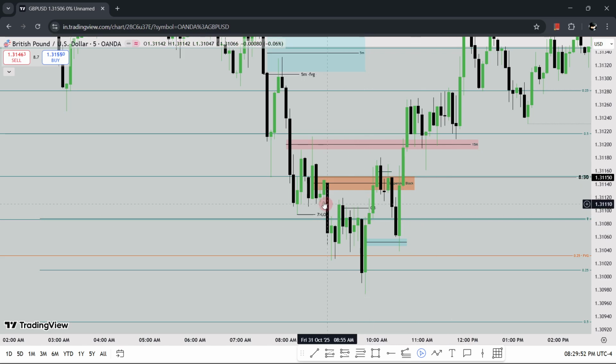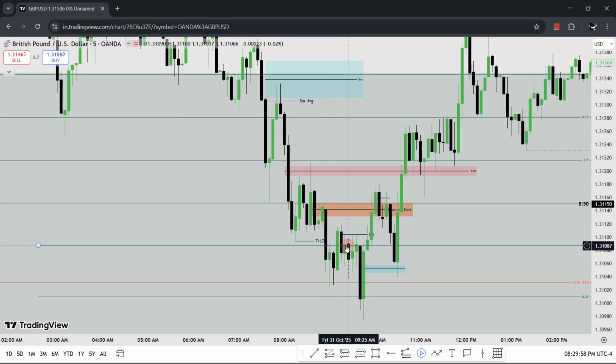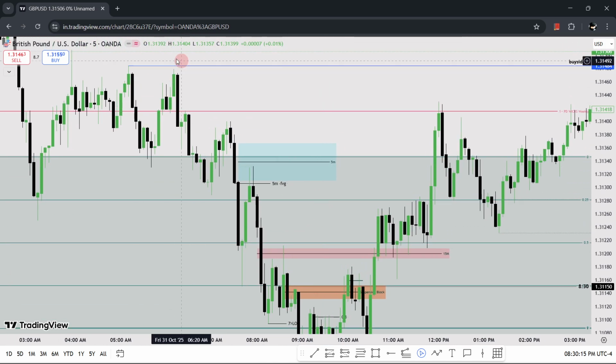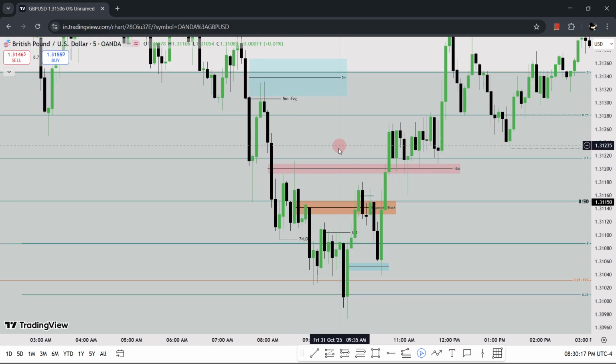I entered somewhere around here. You can see that there is an accumulation to the downside, taking the lowest low after 7 o'clock and before 8:30. I thought it would start reversing from here and started waiting for that buy side up there, but I got stopped out.